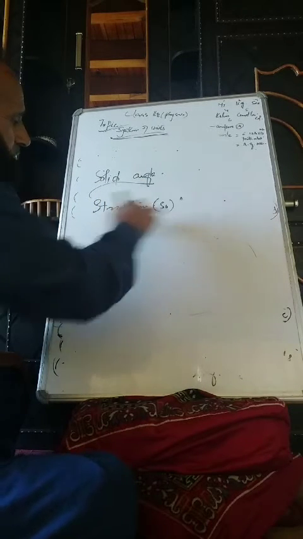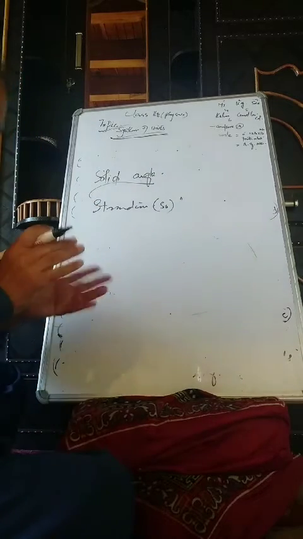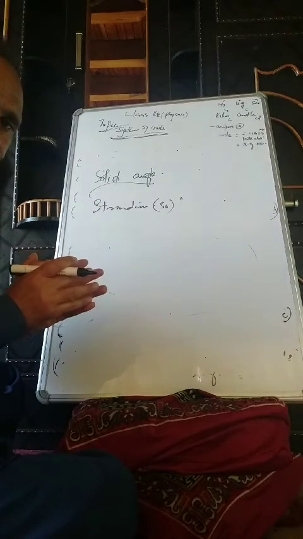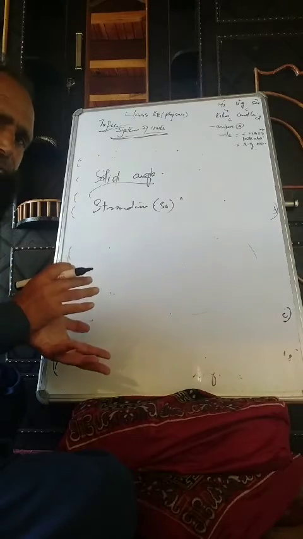The solid angle is shown as SR. It is also an angle, but it is for a solid figure. There is a difference between a plane figure and a solid figure.